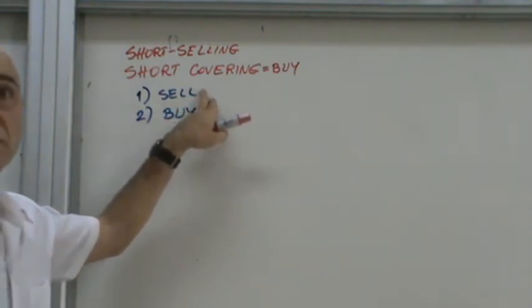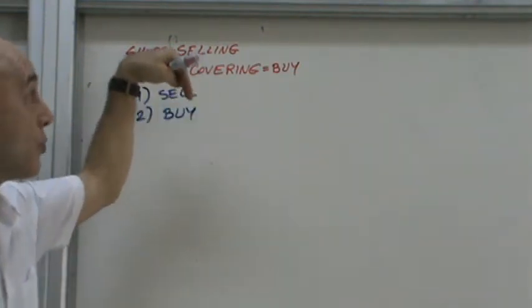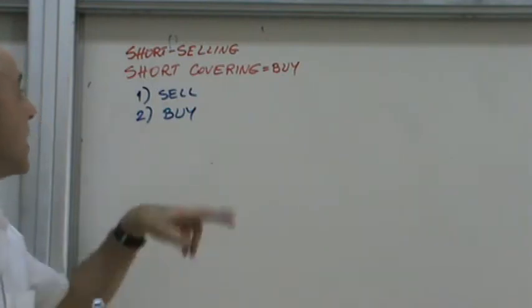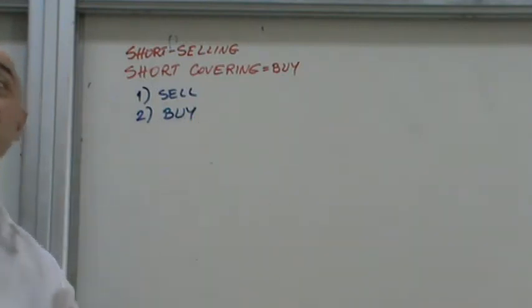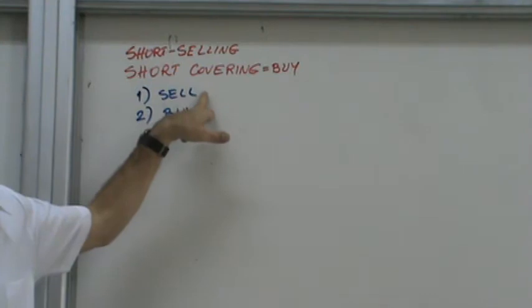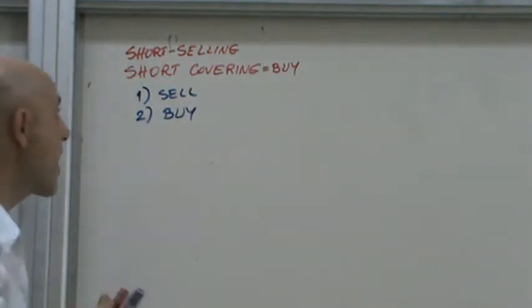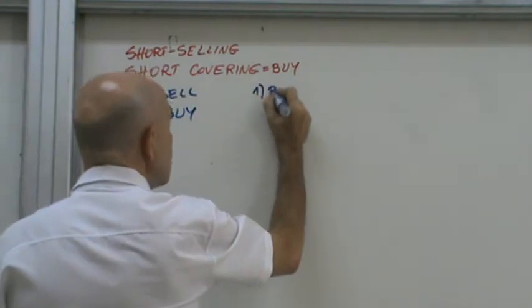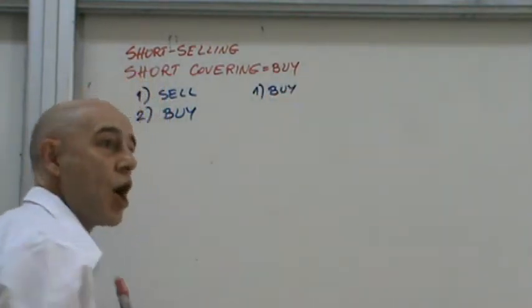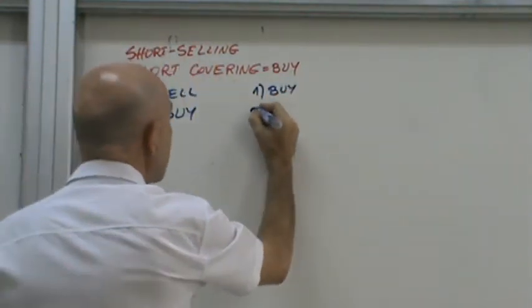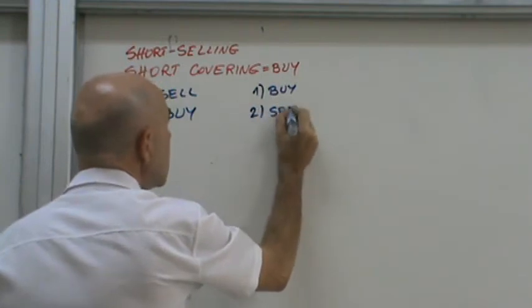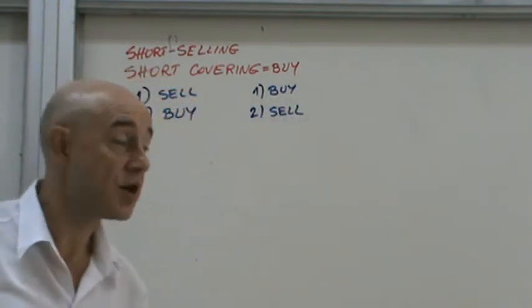You sell short, hoping the price goes down, and then you hope to buy cheaper and make the difference. In a regular trade, you first buy, hope the price goes up, and then you sell.